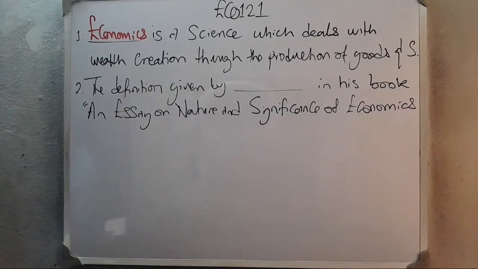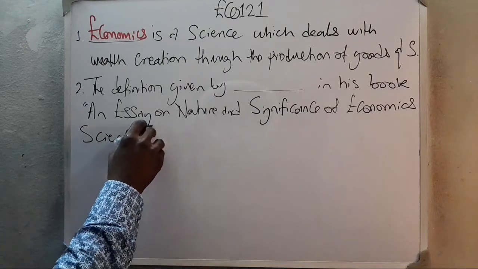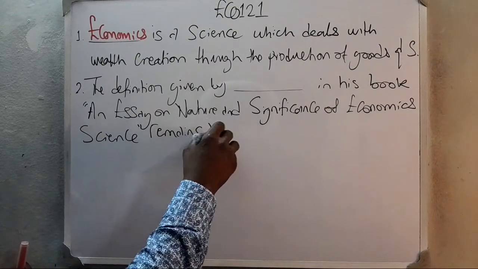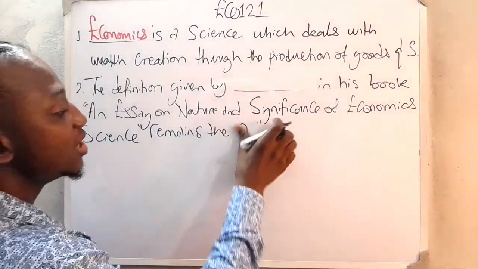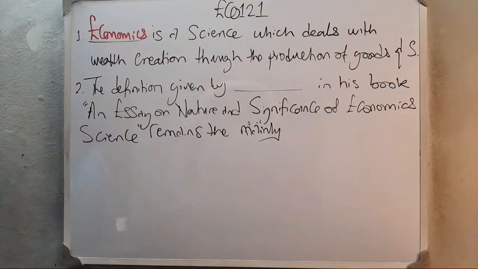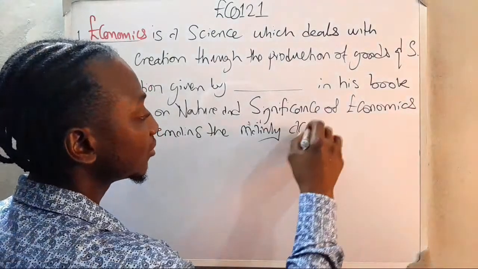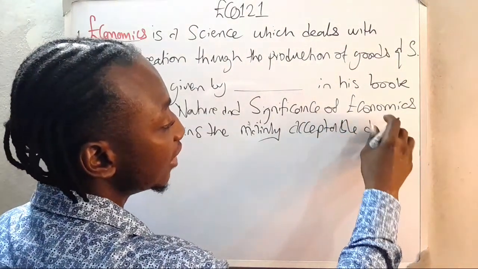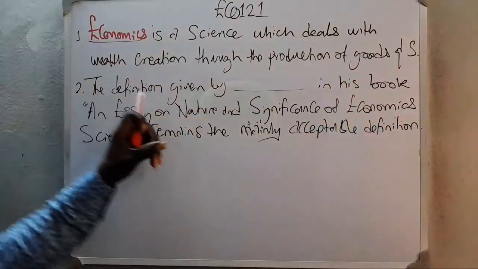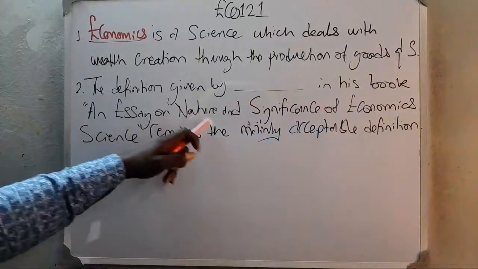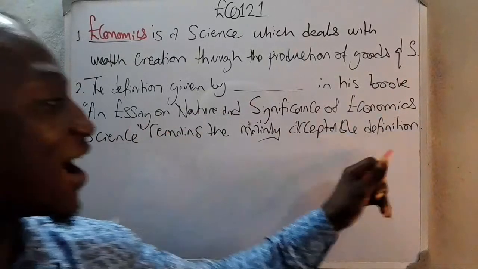In his book, An Essay on Nature and Significance of Economic Science, the definition given by Dash remains the mainly acceptable definition of economics.